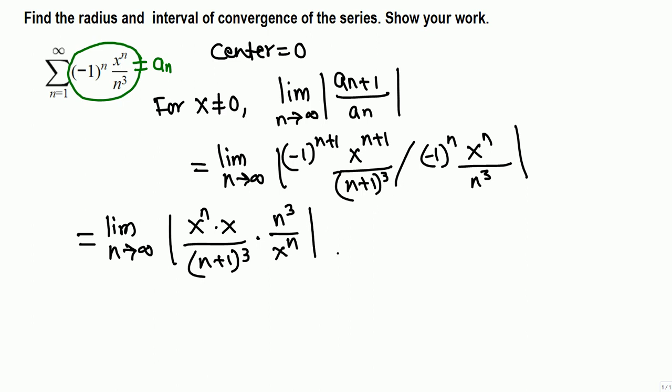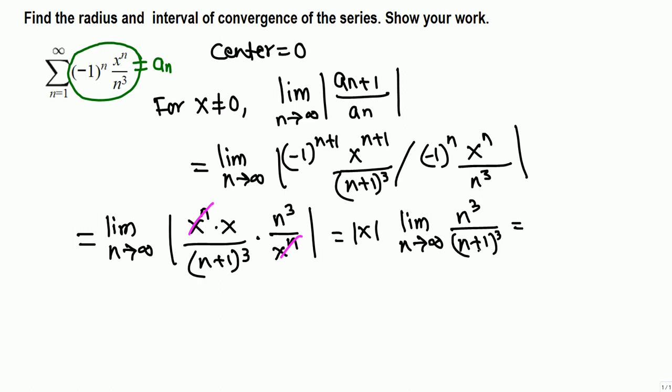Then the x to the n cancel, and this limit is the same as n cubed over (n plus 1) cubed, times absolute x. This absolute x is independent of the limit, so we can pull it all the way outside. Now the limit of n cubed over (n plus 1) cubed, and we don't need to write the absolute value anymore.